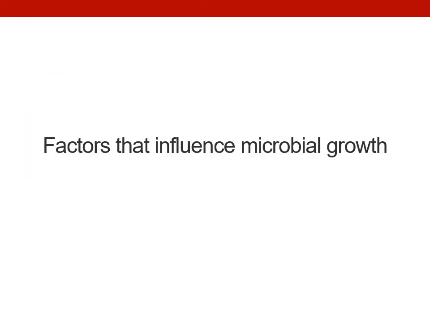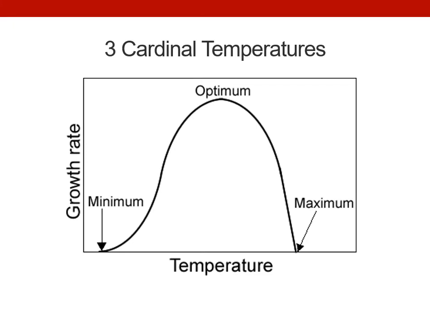There are many factors that influence microbial growth, such as nutrients, temperature, pH, etc. Now we will discuss a few of these. Microorganisms can survive within a specific temperature range, and within that range are 3 cardinal temperatures.